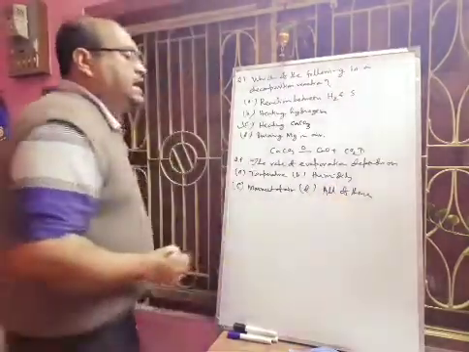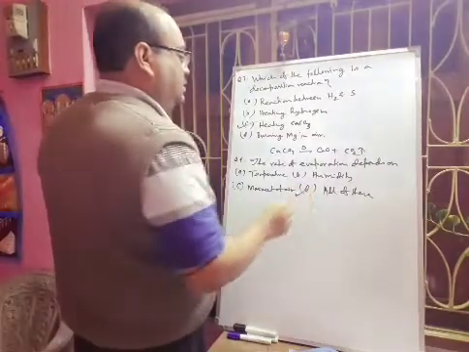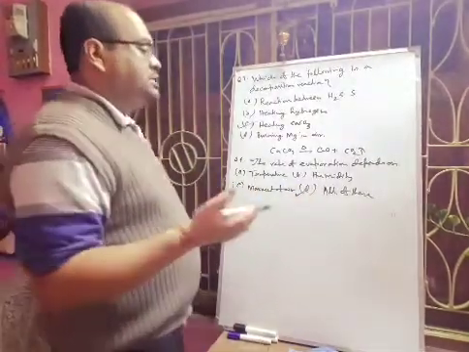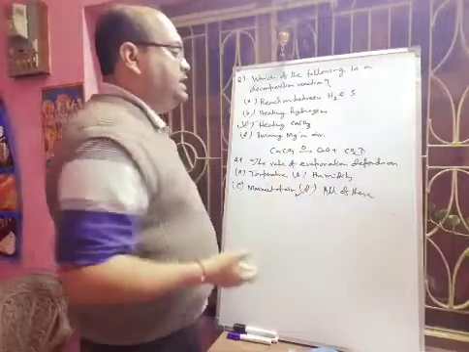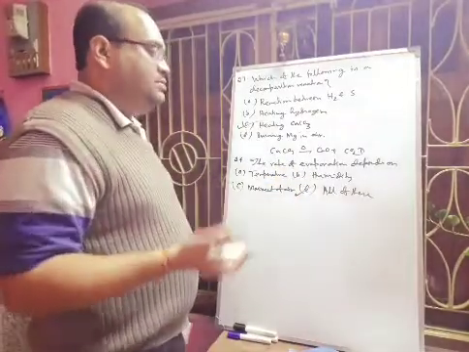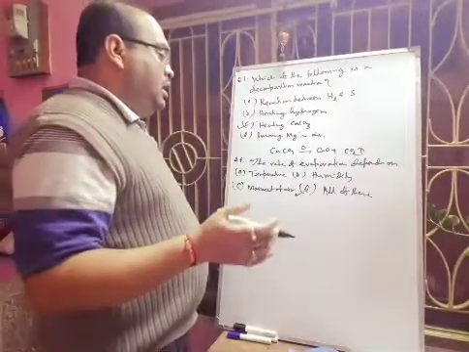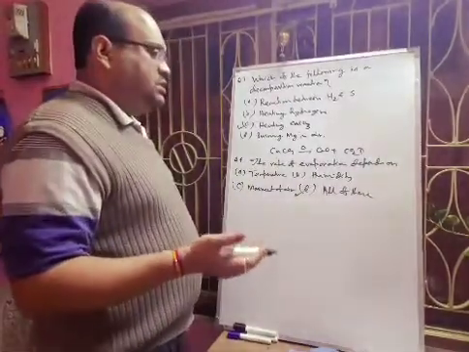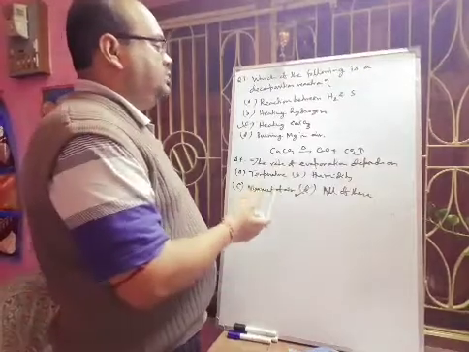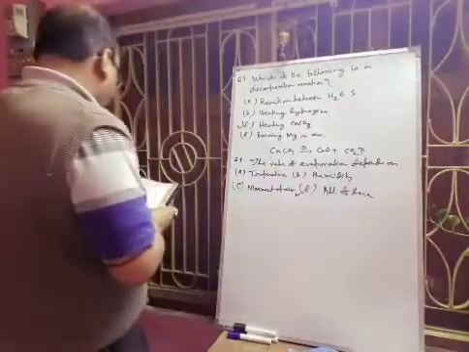So definitely here the answer will be all of these. If you increase the temperature, evaporation increases. If there is less humidity, definitely evaporation will be fast. And if there is movement of air, then also evaporation will be fast. So all of these is the correct answer.